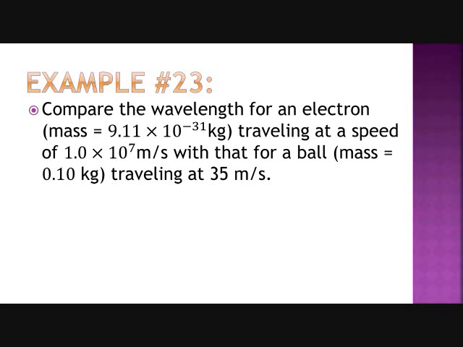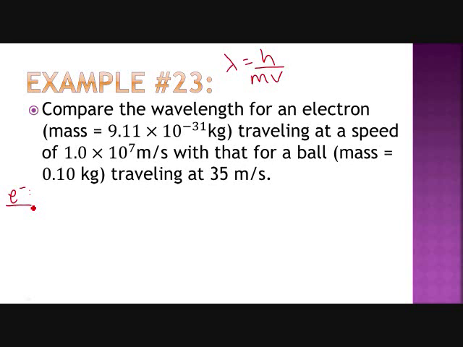Okay, so we're going to use this equation, and we're going to do it first for the electron, and then we'll do it again for the ball, and we'll compare to see how their wavelengths are different, or how they are the same.